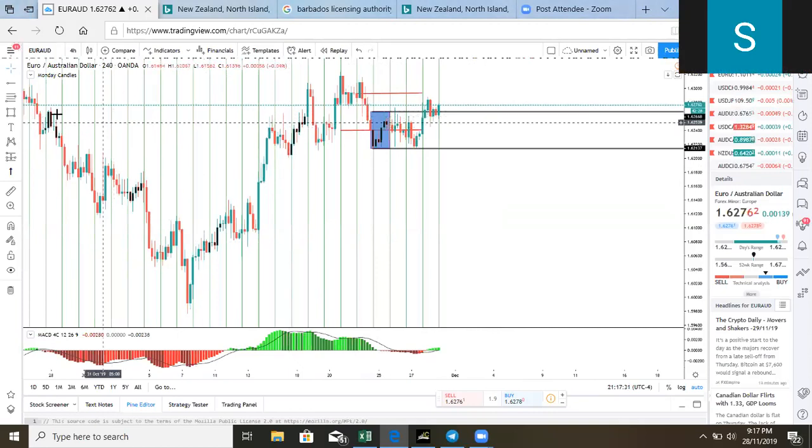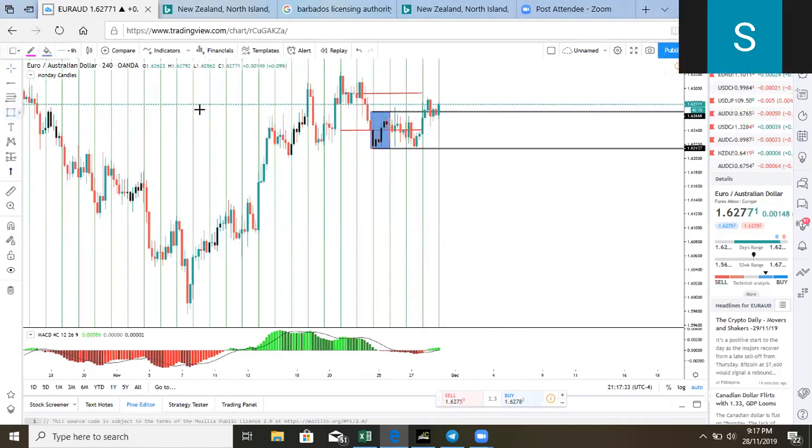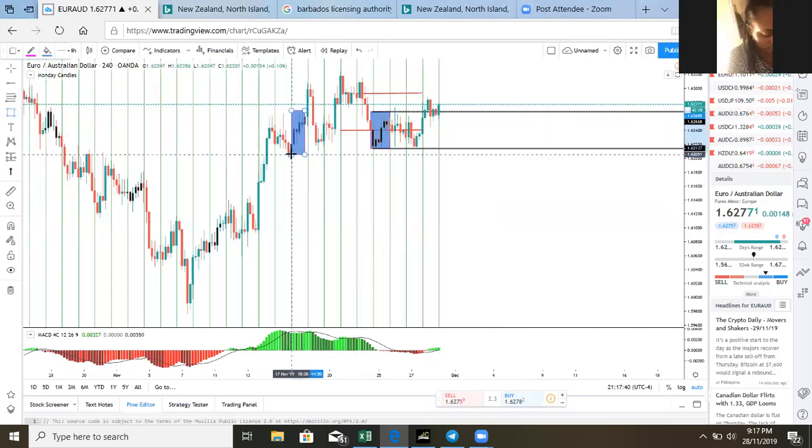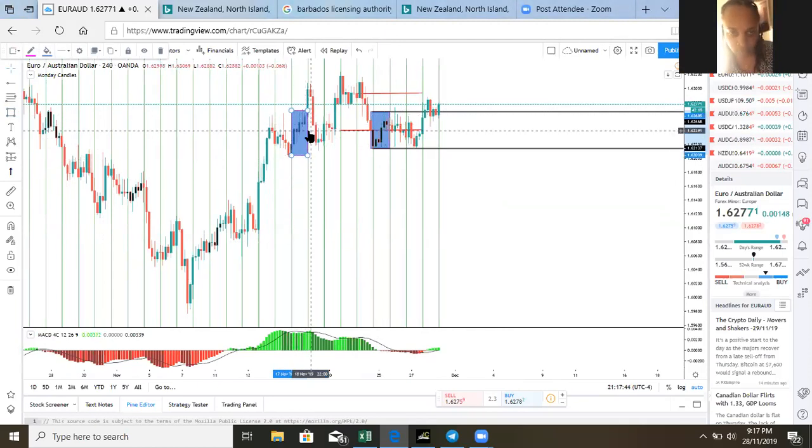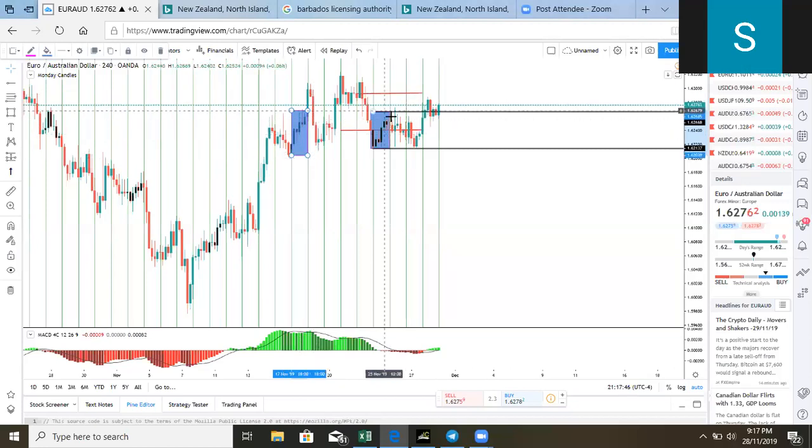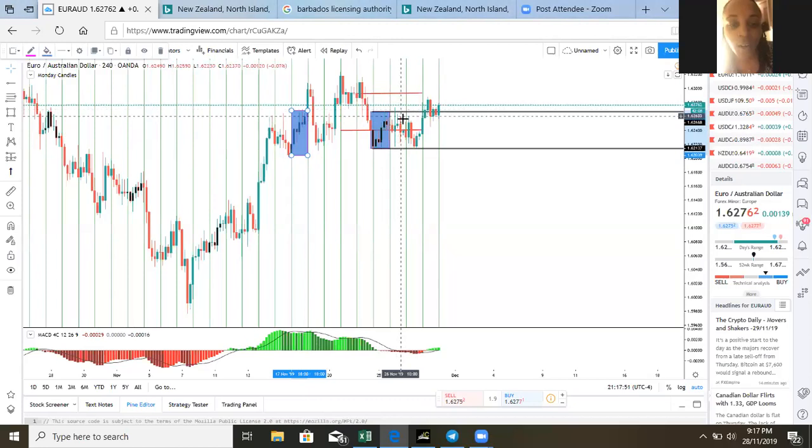If you look left, earlier when we picked this up, we had a nice H and S too. But this now is the left shoulder, and this was the right. Does that look like an overall inverted?